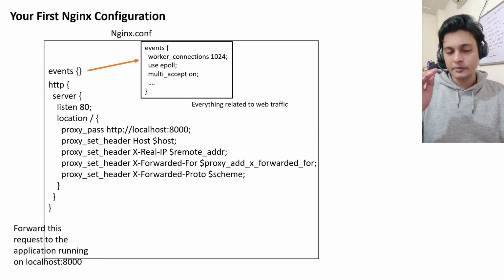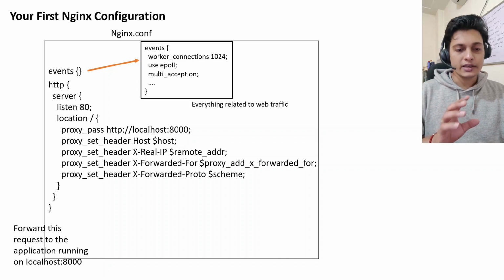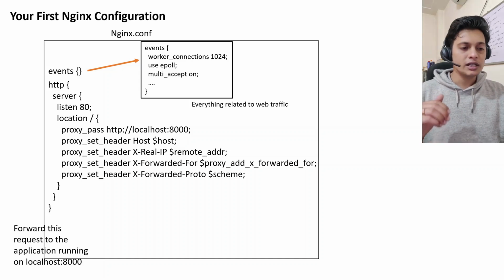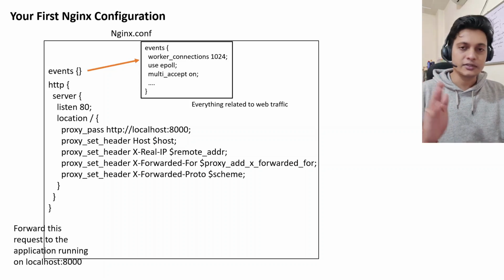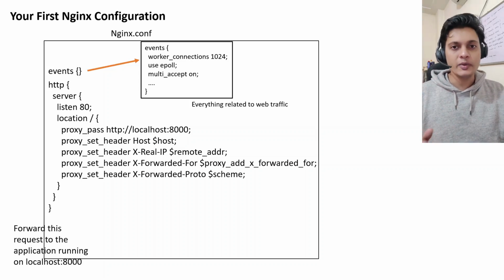Like in the previous image, if you remember, we had multiple servers and each server was running my application. So assume that each server is a worker, and for each worker, how many requests can go in at one time.